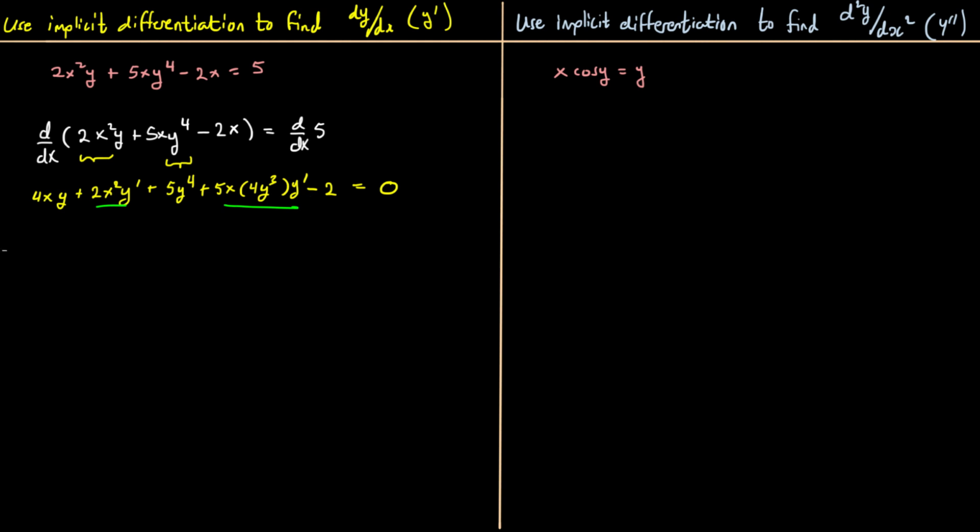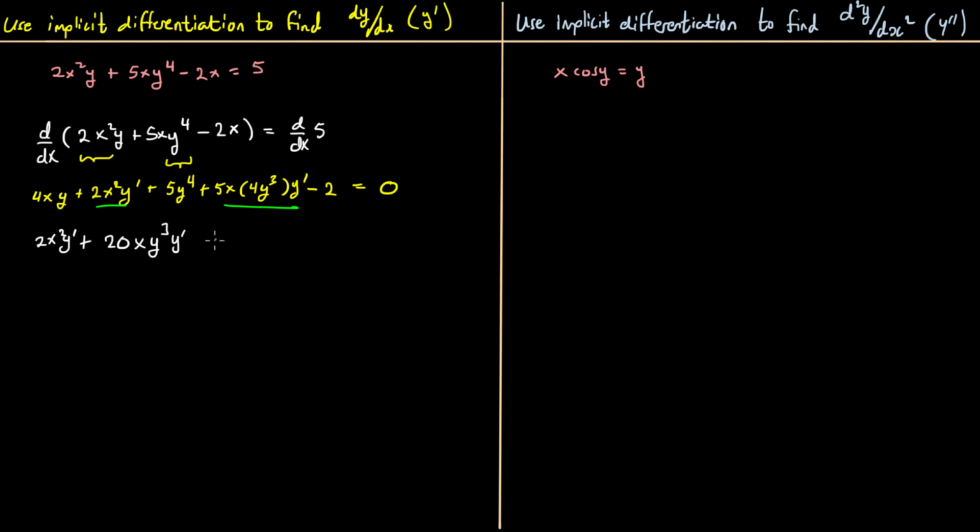If we multiply the 5 and the 4, we get 20. So we're going to have 2x squared y prime plus 20 times x y to the power 3 y prime, and then plus the rest of the other terms.